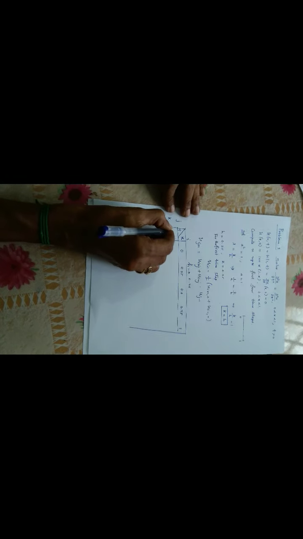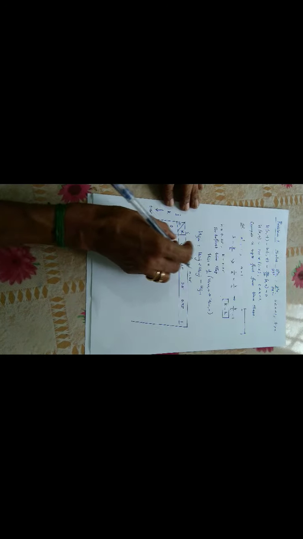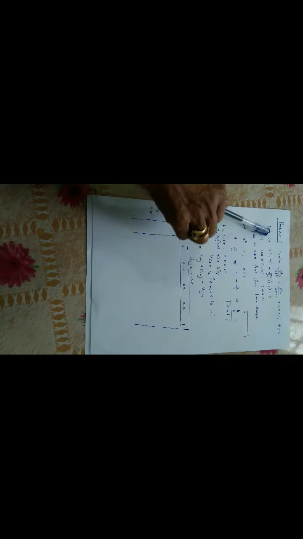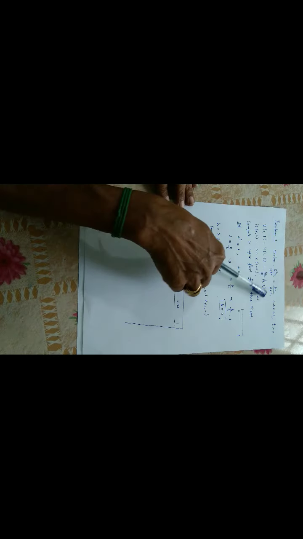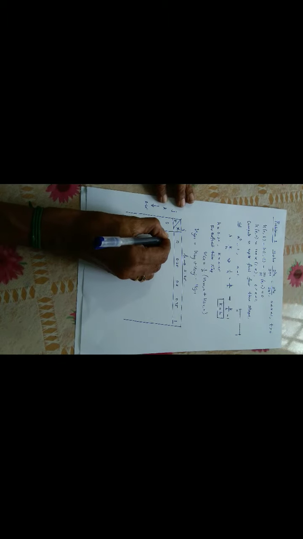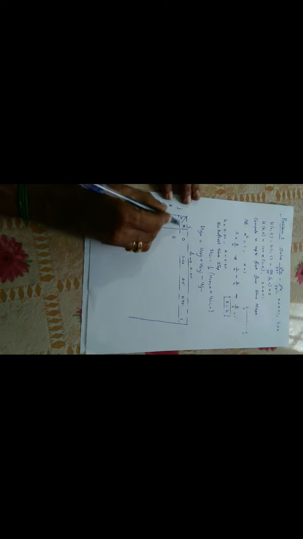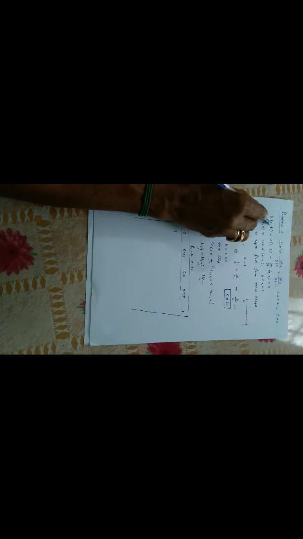Now at time t equal to 0, that's the initial part of the problem. Now this entire boundary condition is given here: at x equal to 0 it is completely 0, at x equal to 1 it is also 0. So please observe very carefully. By default u(0,t) is 0, so at this point the value of u is 0.